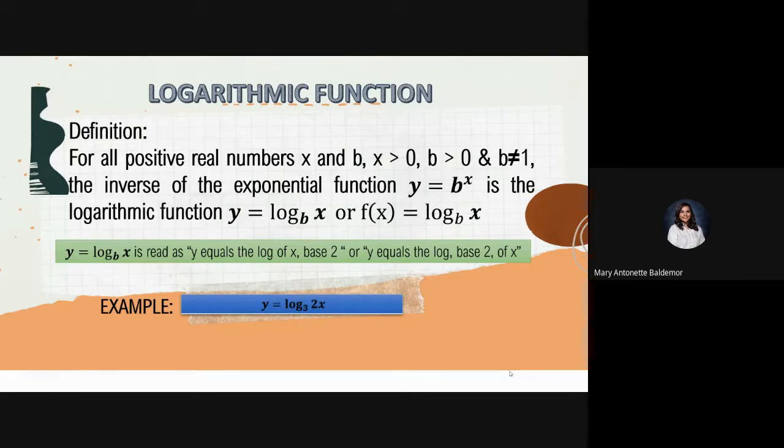Now recall that we can read it as y equals the logarithm of x base 2, or y equals the logarithm base 2 of x.